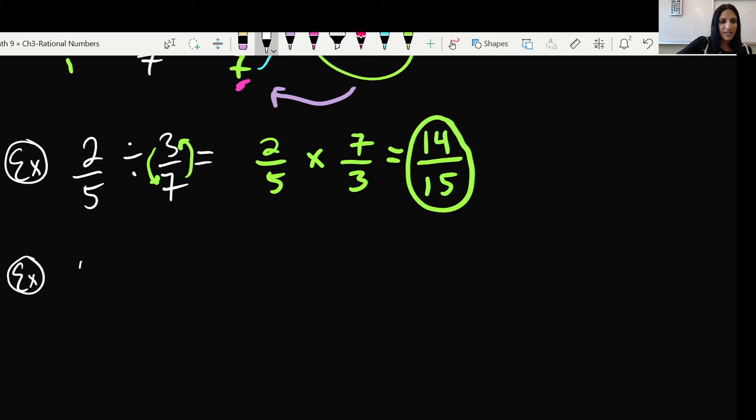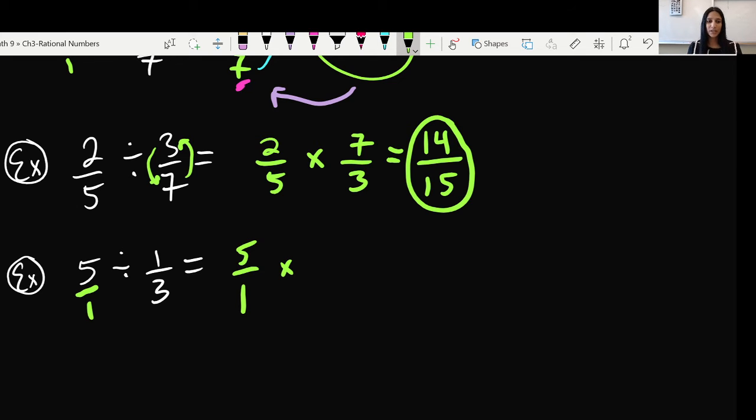Okay, so let's say this time we have a whole number like 5 and we're dividing that by 1 over 3. In this case, it's still the same rule that applies, but maybe it's helpful if I change my 5 into a fraction just so we can start to find some similarities. So I would rewrite 5 over 1. I'm going to change this to multiplication.